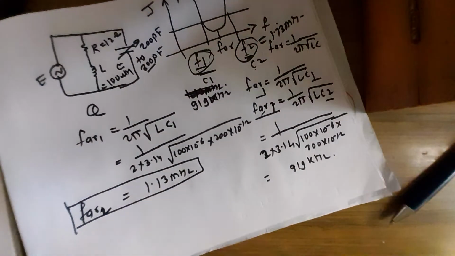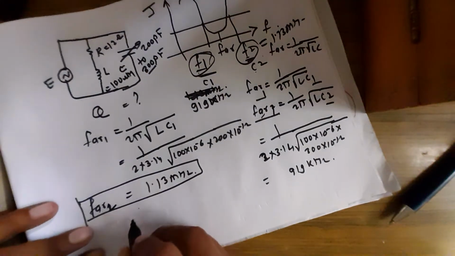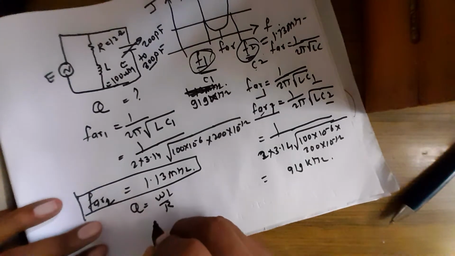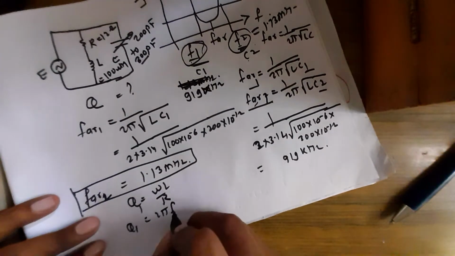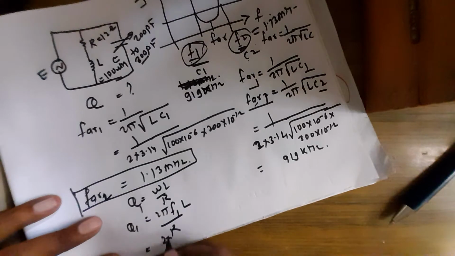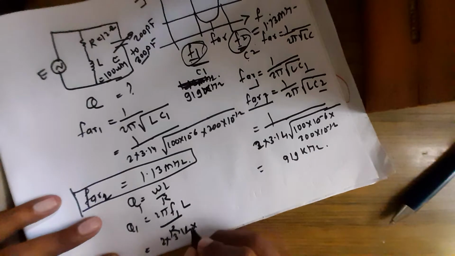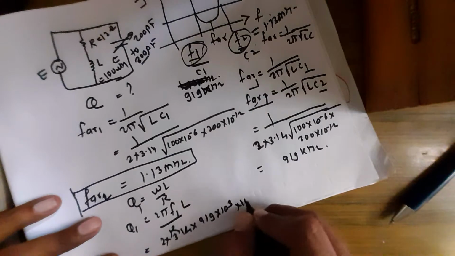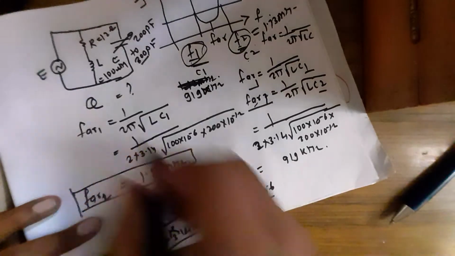Okay, now we will find out the value of Q for FAR1 and FAR2. So Q equal to what? Omega L divided by R. So here Q1 equals 2 pi F1 L divided by R, that is 2 into 3.14 into F1, that is 919 into 10 raised to 3 hertz, into 100 into 10 raised to minus 6 divided by R. R value is 12 ohm.